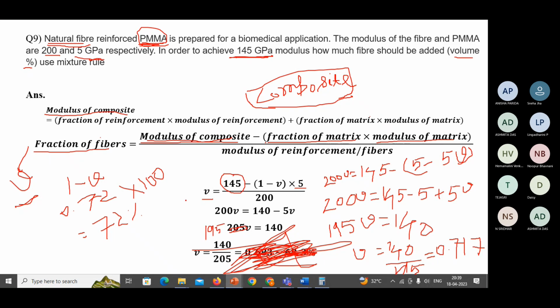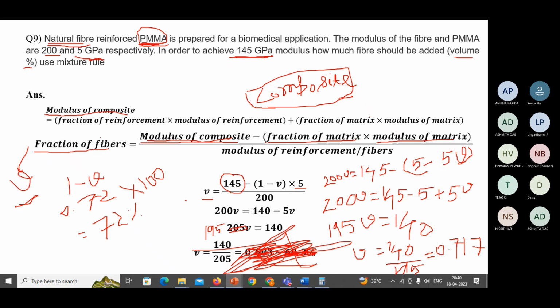Okay. Anyone has any doubt in this particular question? Okay, so I mentioned some of the books for the question in the chat box.